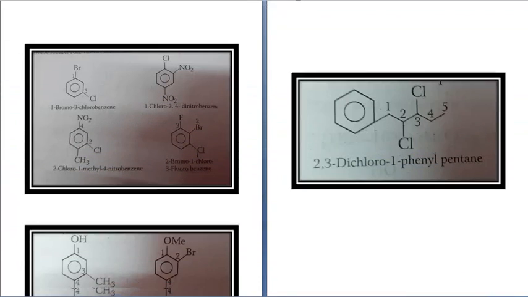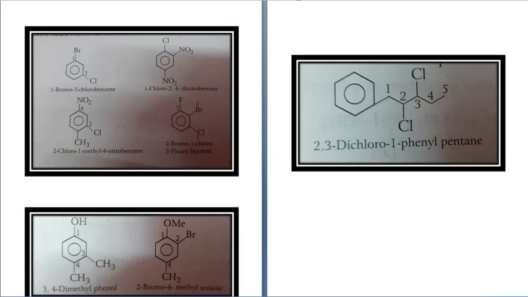Side chain substituted compounds are generally named as aliphatic compounds in which the aromatic portion is taken as a substituent. Examples are given here. Like over here, see, CH2COOH. Because here the functional group is the primary functional group, the benzene ring will be taken as a substituent, and the second carbon has this benzene ring.